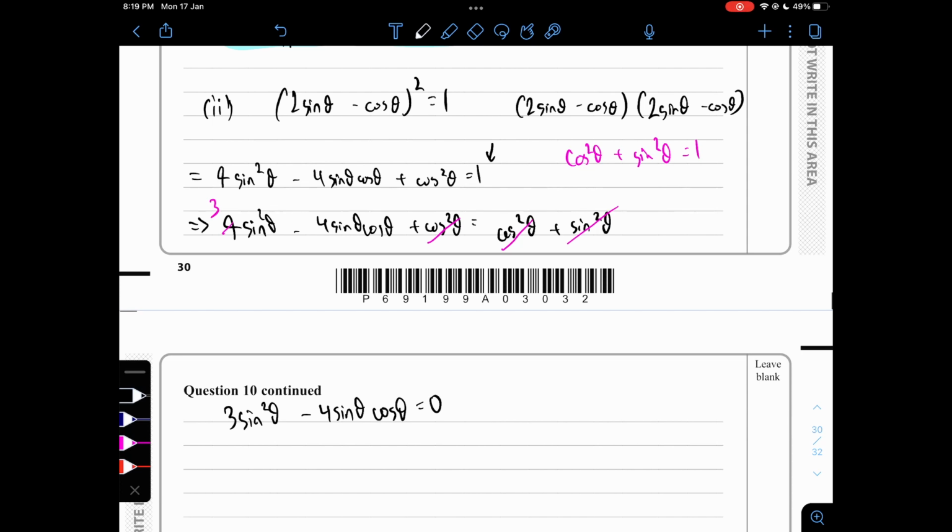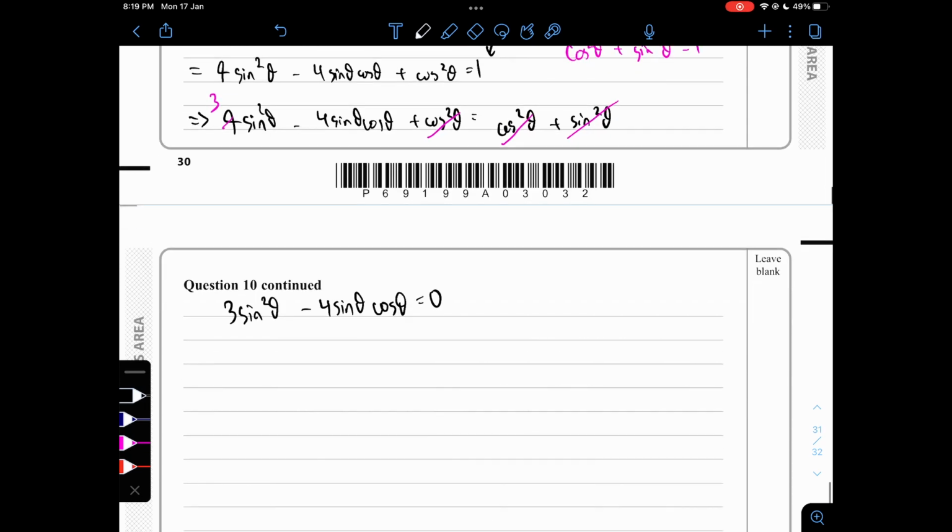What do you do now? Is there anything common? Yes, we can take sine as a common factor. Sine theta times, well, not 3 sine theta, it's actually 3 sine theta minus 4 cos theta equals 0. So we got our two things.